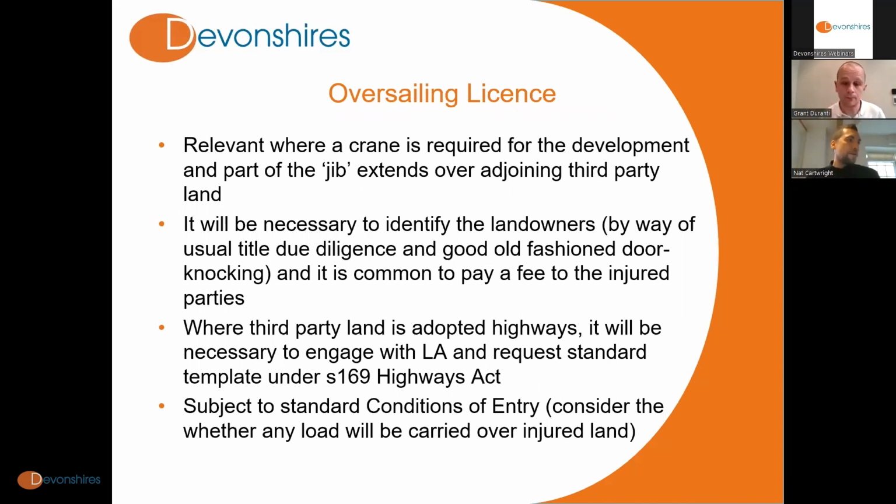Yeah, so an oversailing licence, these will often be required where you need a crane on site as part of your development, and if any part of the crane, usually the part that extends out is known as the jib, and that is the bit which will usually require an oversailing licence.